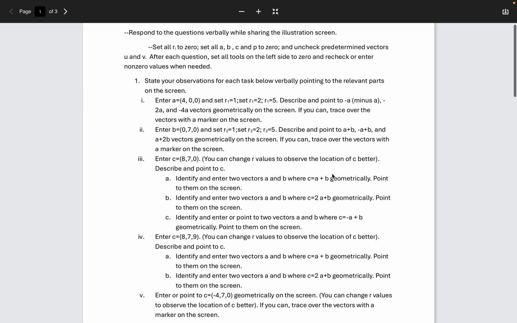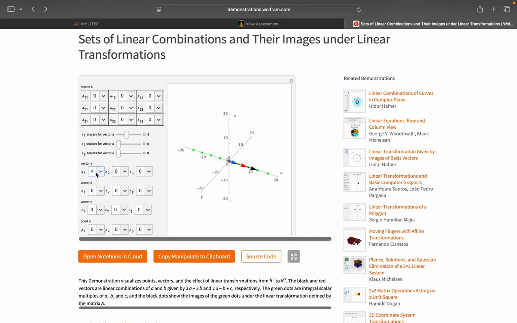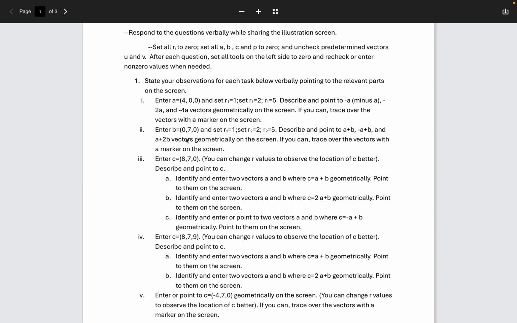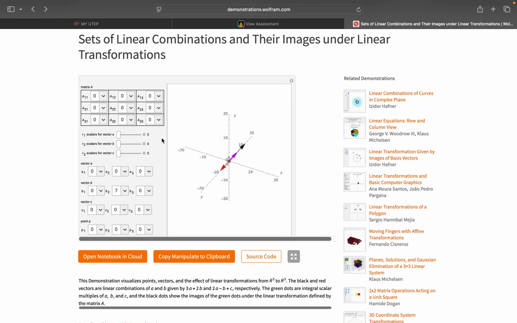Next is to enter for B. It would be 7, and then we will see the representation for that one. So let's set this one to 0, 0, and then B would be 7. Yes, 0, 7, 0. Multiplying this vector by a scalar of 1, we can see that our vector right here is going in the y direction.